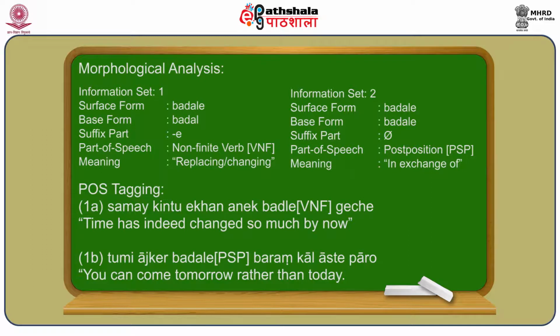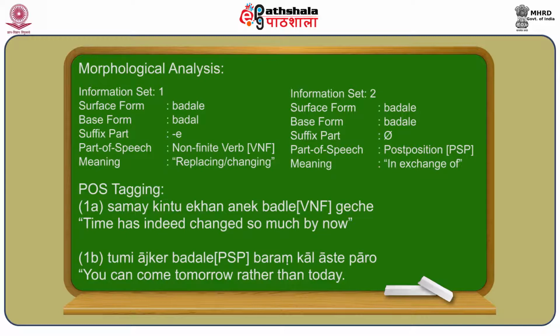Now, in the case of morphological analysis, we get two sets of information here. The surface form is bodole, and we can have two parts: bodol as a base form and the suffix part e as a suffix. In that case, the part of speech of this word is a non-finite verb, meaning replacement or changing.